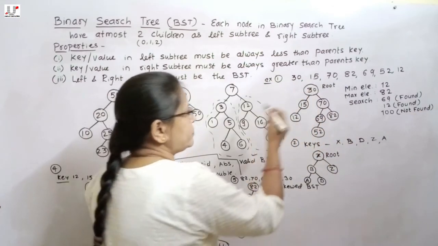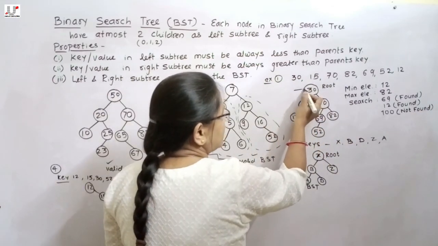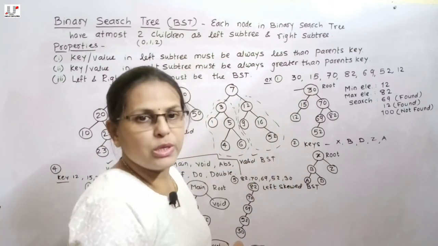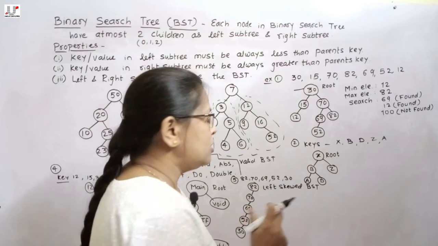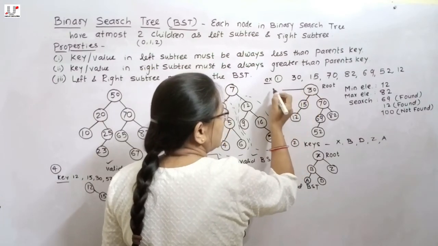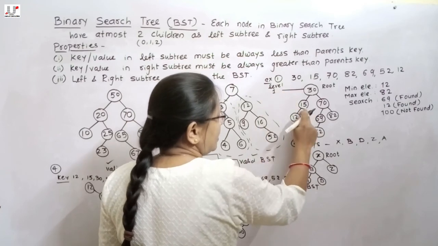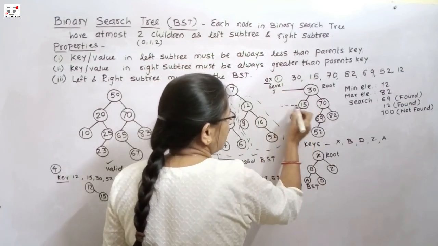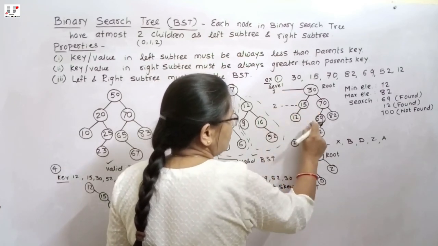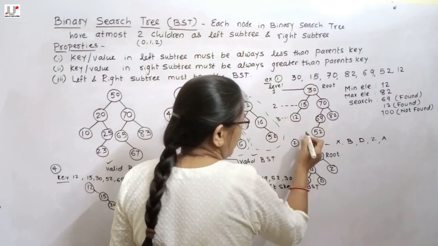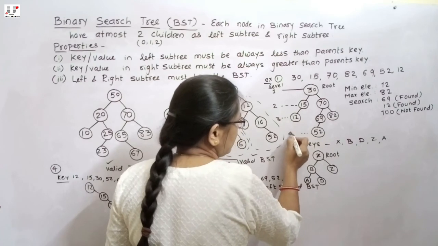So here we consider 30 as the root. Root is always at level 0, but here I consider that the root element is at level 1. Then 15 and 70 are at level 2. For 12, 69, 82, they are at level 3, and 52 is at level 4.